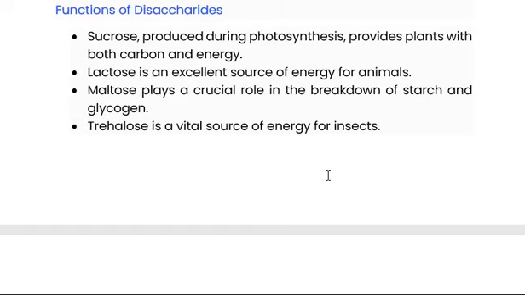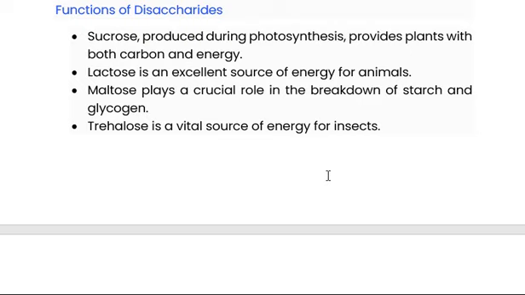What then are the functions of disaccharides? Number one is that sucrose produced during photosynthesis provides plants with both carbon and energy. Number two is that lactose is an excellent source of energy for animals. Number three is that maltose plays a crucial role in the breakdown of starch and glycogen.